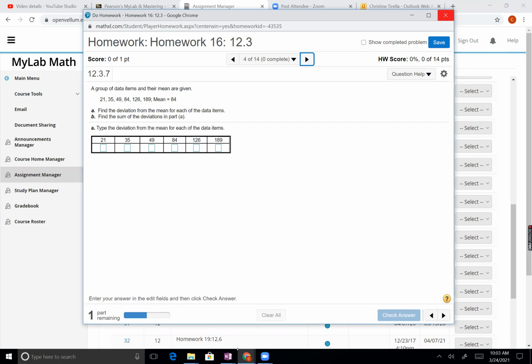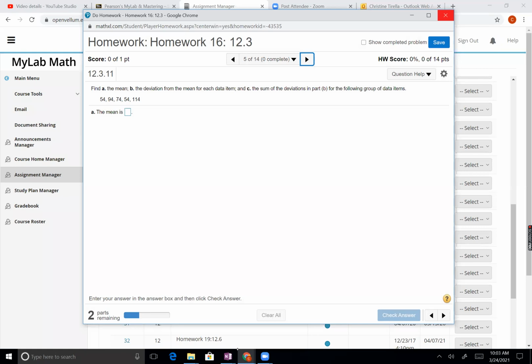Once you enter that, you have another question and another question? There's just A and B, but you had to fill in the table. No, that wasn't the one. You had to find the mean, the deviations, and the sum of the deviations. Is this one that you're wondering about? I think that might have been one of them.